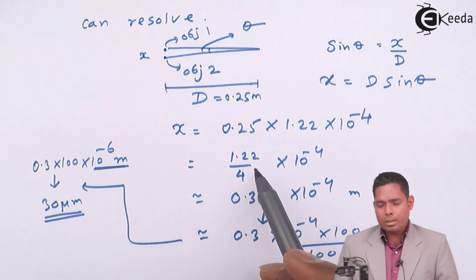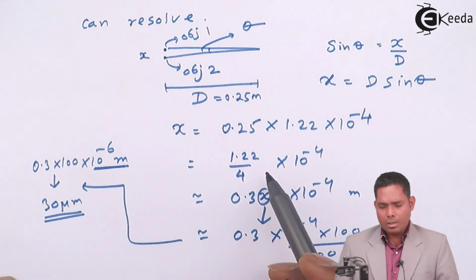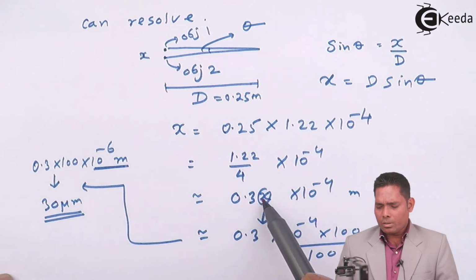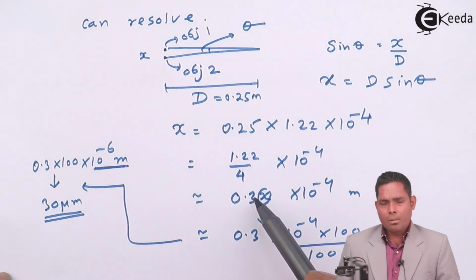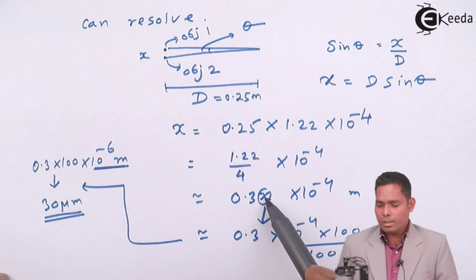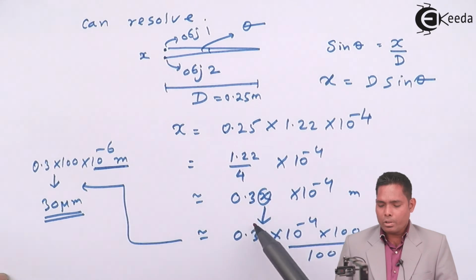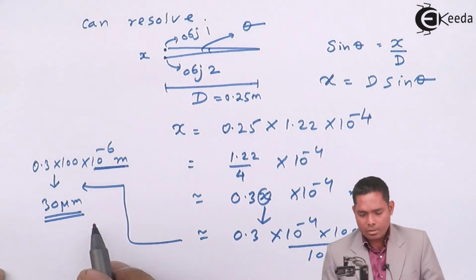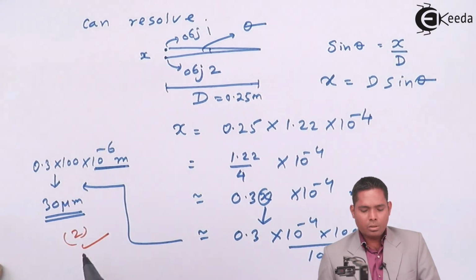In the options you will see which answer is the best preferred. Therefore, I'm not interested in the other digits after the fourth decimal place, because the options are approximate answers. So I want only this 0.3, and from 0.3 I can get the answer. So option number 2 is the correct answer to this question. Okay, thank you.